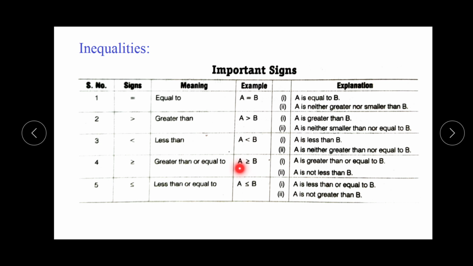And if A is also 4 and B is also 4, that time we will use the equal sign. It means at the same time we will use only one sign, that can be greater than or that can be equal to. In the less than or equal to, that is also the same thing. A can be less than B and A can be equal to B.